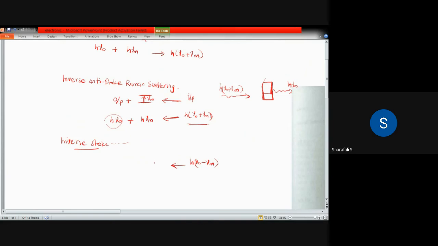That results in a decrease of the energy of the scattering molecule by h nu m. I think I don't have to draw that figure.